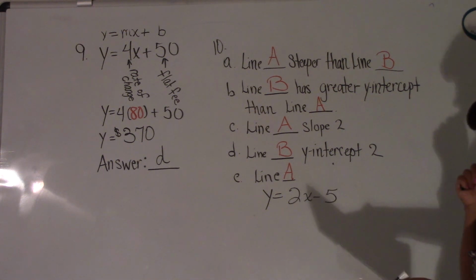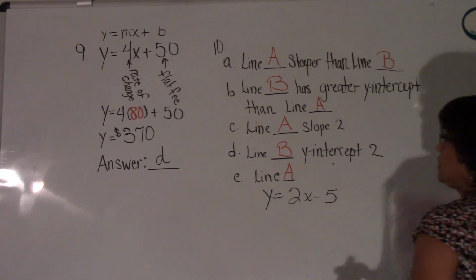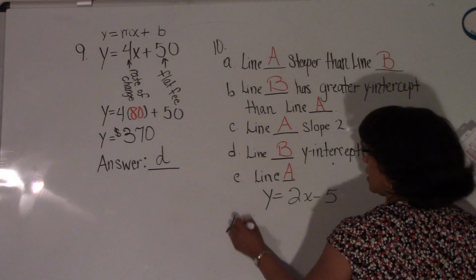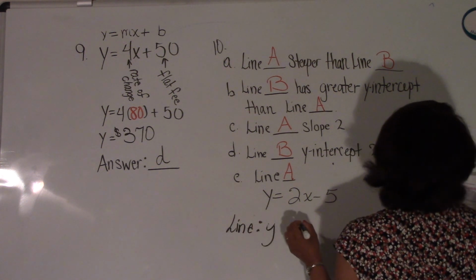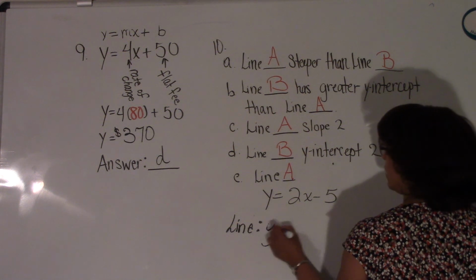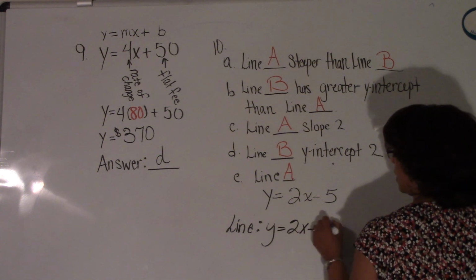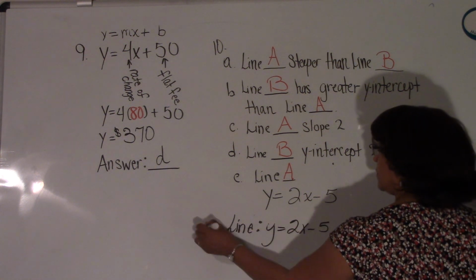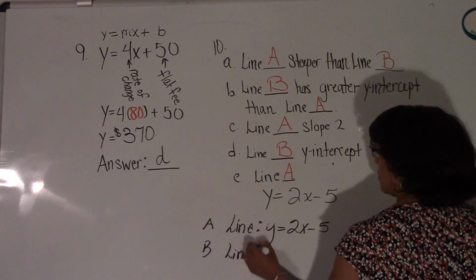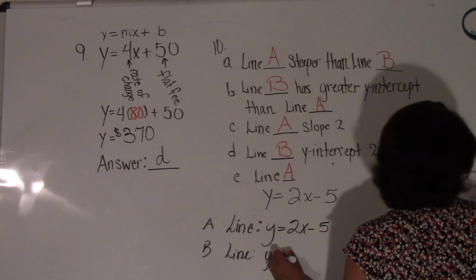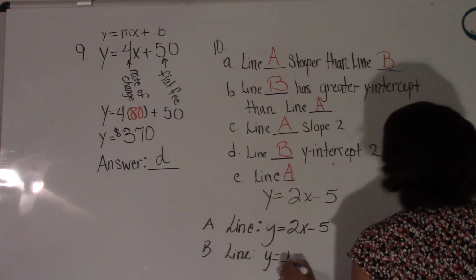Number 10, let's look at number 10. We're comparing two lines. We're comparing line A, y is equal to 2x minus 5, to line B, y is equal to 1/3 x plus 2.